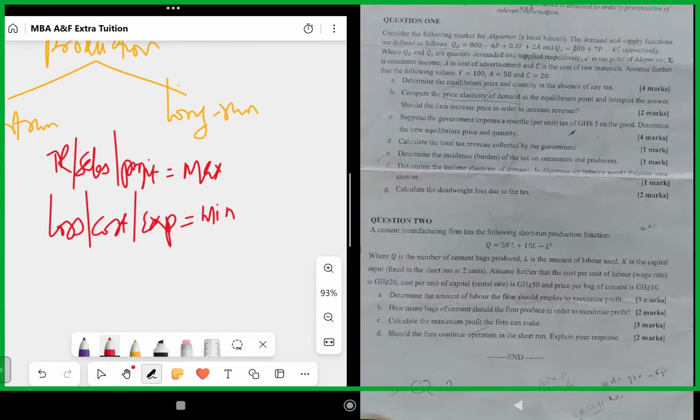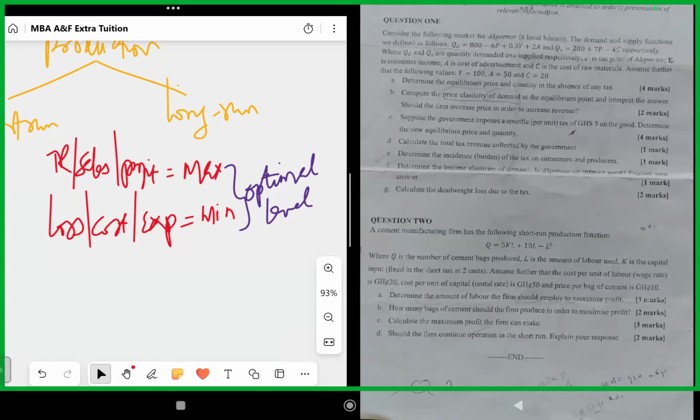Are we good? Yeah. So these two give us what is called the optimal level. What are the two extremes? We are talking about a maximum extreme: revenue, sales, profit. And the minimum extreme: loss, cost, expenses. So optimal, which is the adjective, and optimum.